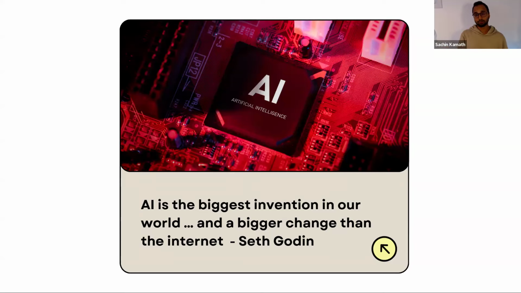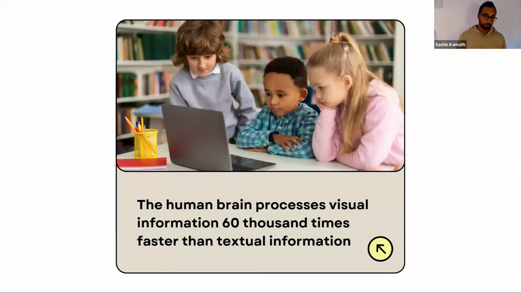The internet reshaped how we work, learn, and connect with each other. Right now, we have the potential to go even further by amplifying our creativity with AI, changing how we create, share, and experience our stories. And today, we'll see how this applies to visual storytelling.